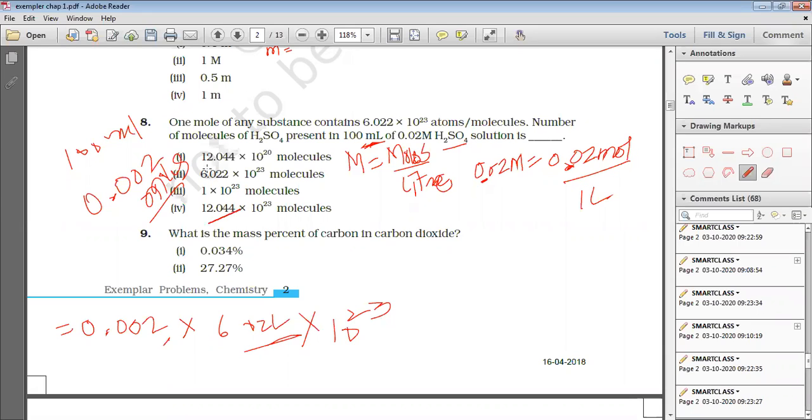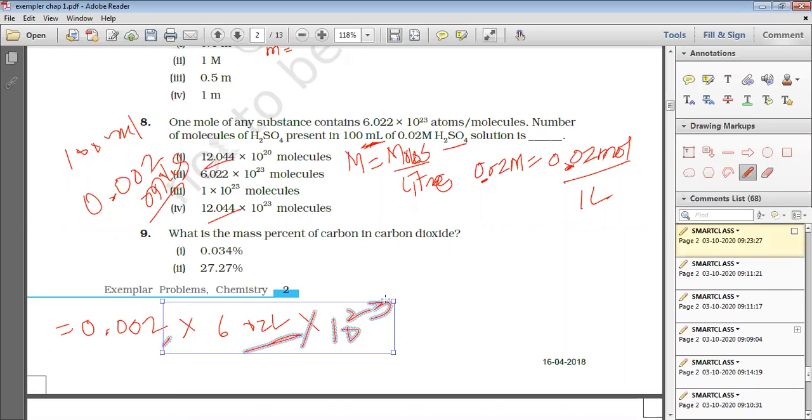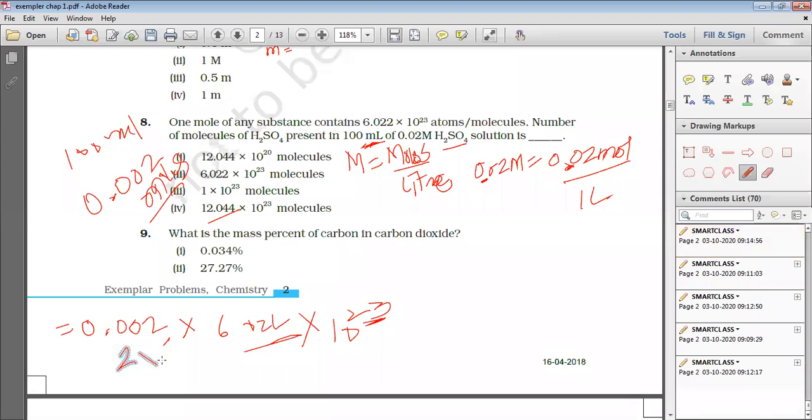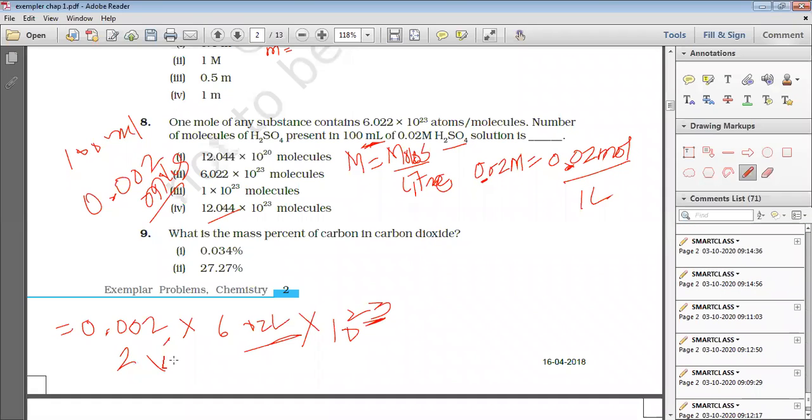So either the answer could be these or this. Now here we have 10 to the power 23, my dear students. That is what we can easily understand. But here it is 0.002, that is 2 multiplied by 10 to the power minus 3, you can say.